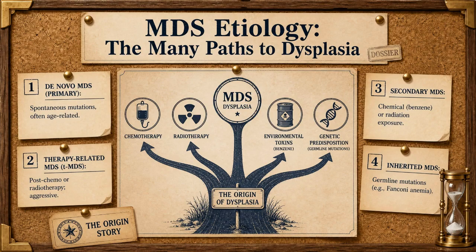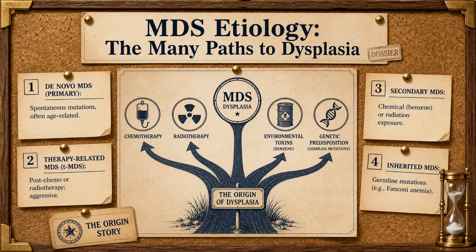This form of MDS is often more aggressive and tends to evolve quickly into acute myeloid leukemia. The median onset is typically 4 to 7 years after the initial cancer therapy, but it can vary depending on the agents used. This highlights the delicate balance in cancer treatment, curing one disease while potentially increasing the risk for another.